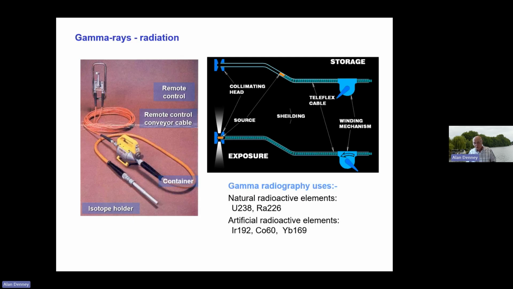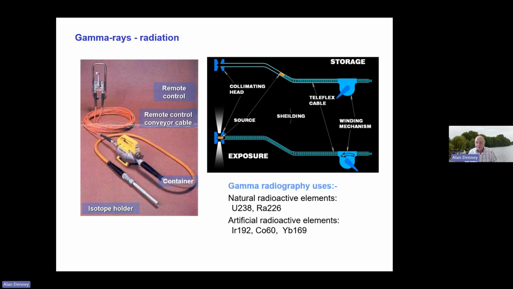And the sources used might be uranium-238, radium-226, iridium-192, which is very popular, cobalt-60, which is very powerful, ytterbium-169. Those are all the specific isotopes of those elements which are radioactive and used for this.